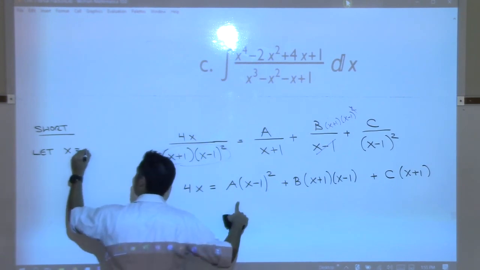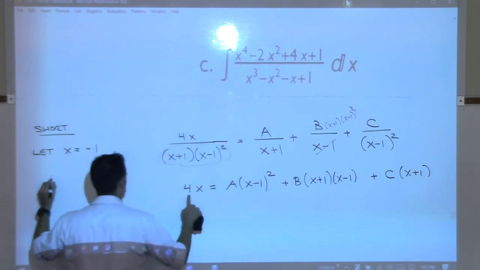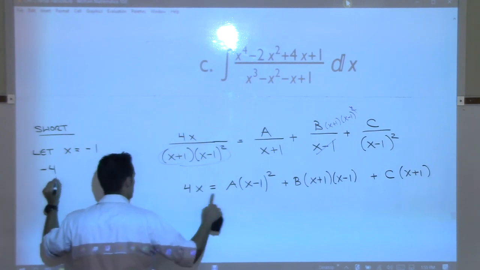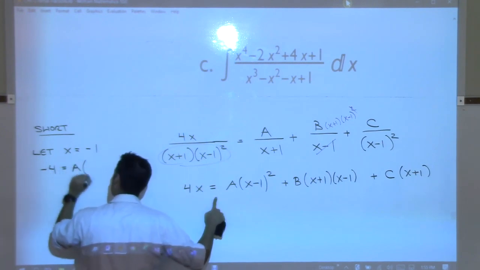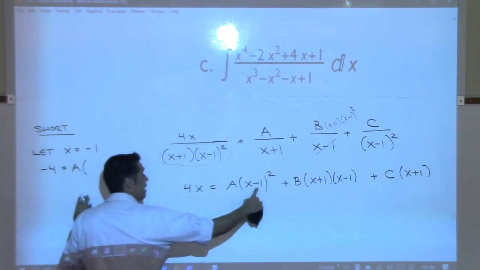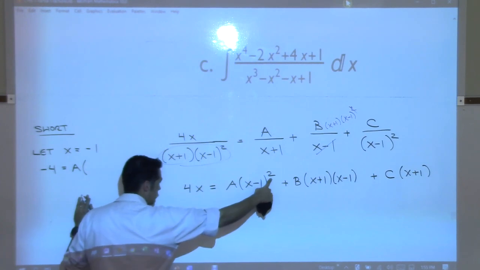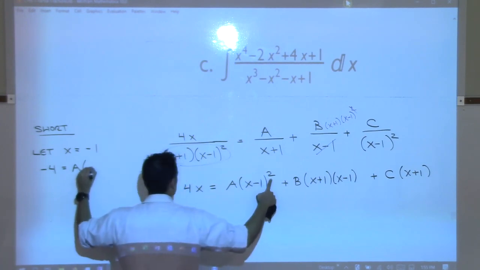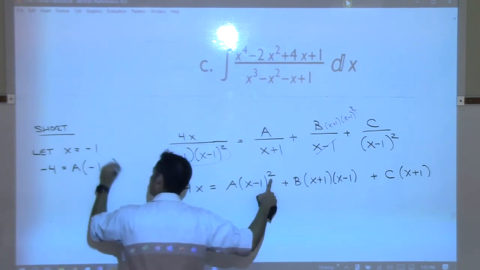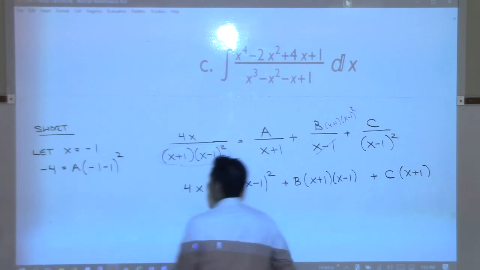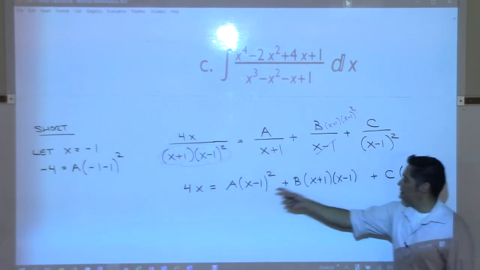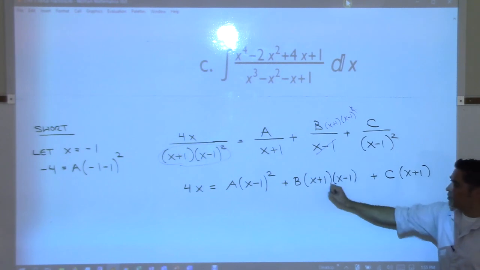So let x be -1. This becomes -4 equals a times (-1 minus 2), be careful there, -1 minus 2 is -2, squared, times (-1 minus 1) and then squared. That's that. And then here, 0.